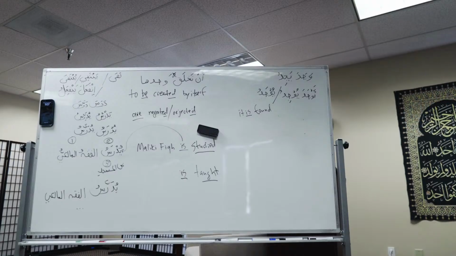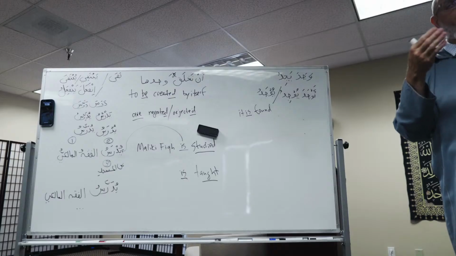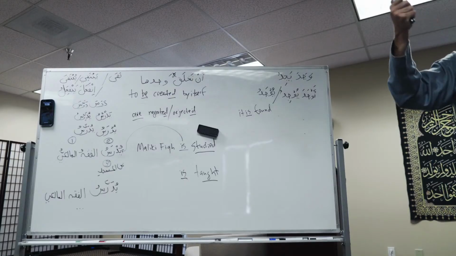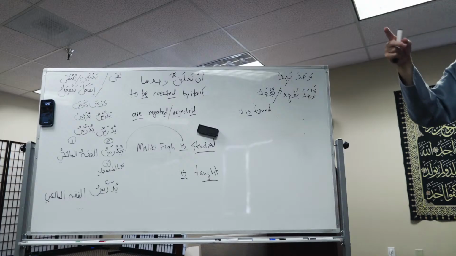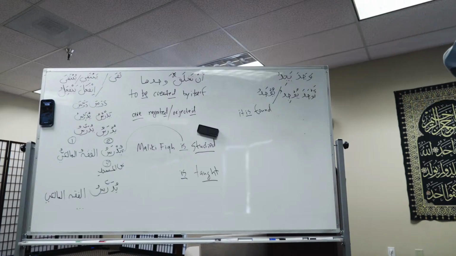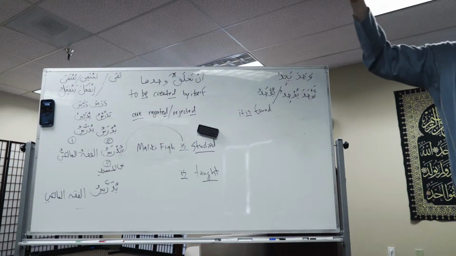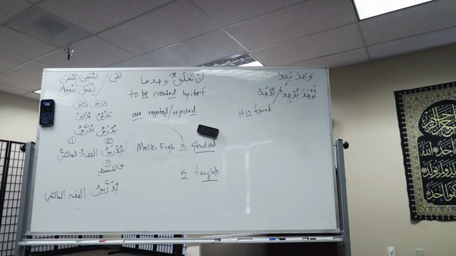But yunfakhu, in this case, is it is blown, or because of the yawma, meaning in the future, it will be blown. Right? Yunfakhu, will be blown. So yawma yunfakhu fi sur, right? It will be blown on the day the trumpet will be blown. And then fatatuna, all of you will come, afwajan, you will all come in groups. So that's one example.